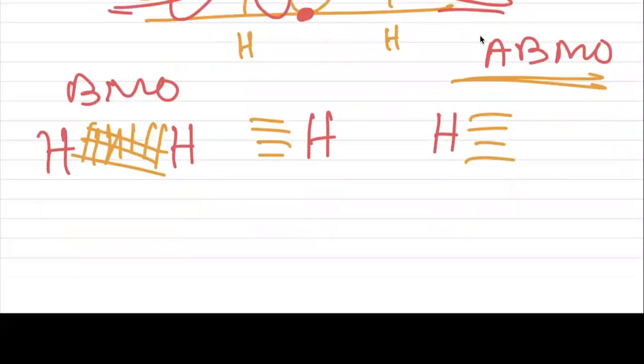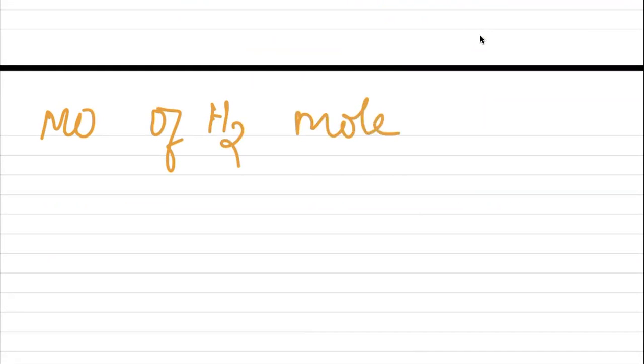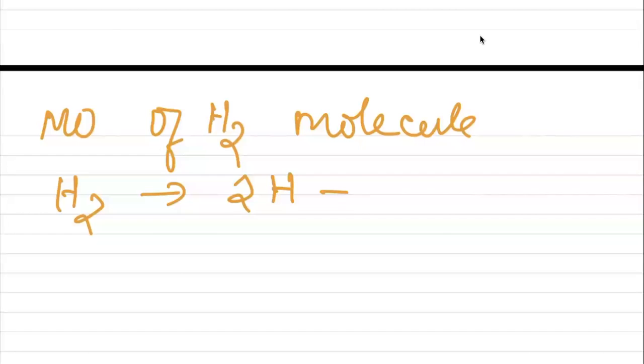Now, MO of hydrogen molecule. Okay, H2 molecule is formed by two hydrogen atoms. Suppose one hydrogen atom is HA and another hydrogen atom is HB.